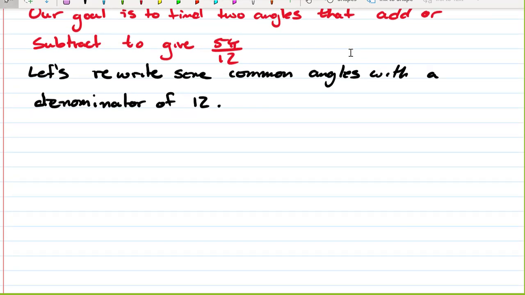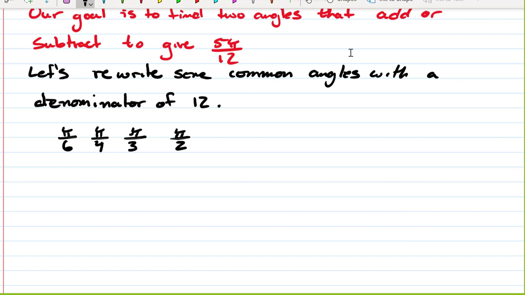Let's start with our common angles on the unit circle. When I say common angles, I mean the ones that are on the unit circle. So we have pi over 6, pi over 4, pi over 3, and pi over 2. We could keep going, but it turns out these are the ones we're going to need.